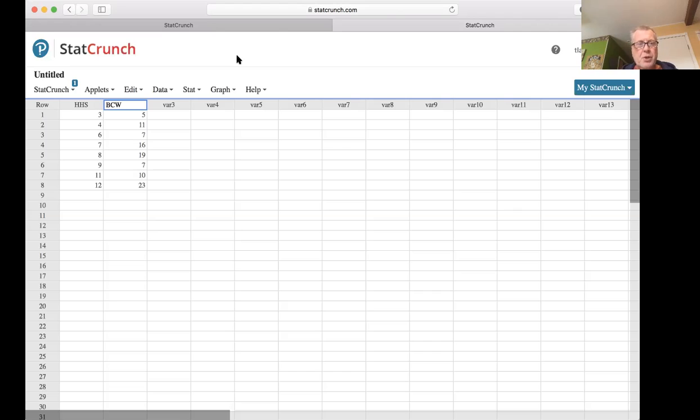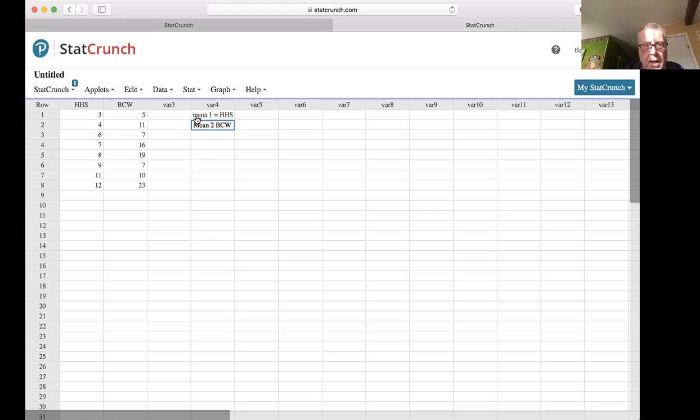So H0 would say that the mean number of hours that Heritage High School students work, which would be mu1, minus mu2 is equal to 0. That means they're the same, where mu2 is Bay City Western. And I'll make a note of that right here. So mean 1 is HHS, and mean 2 is Bay City Western.